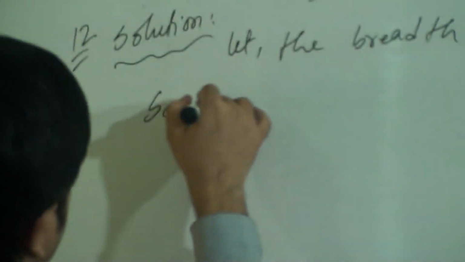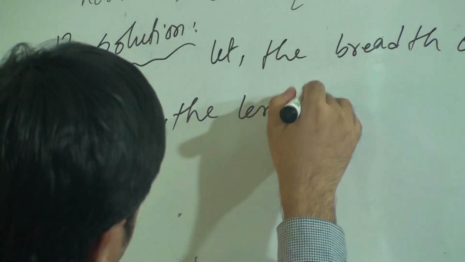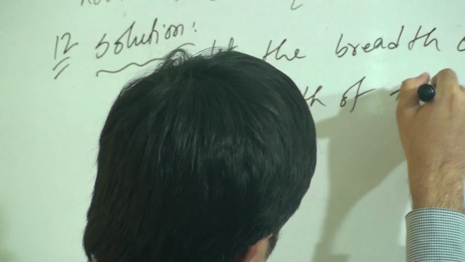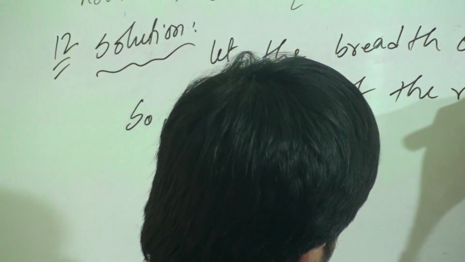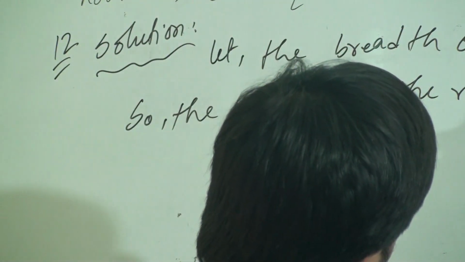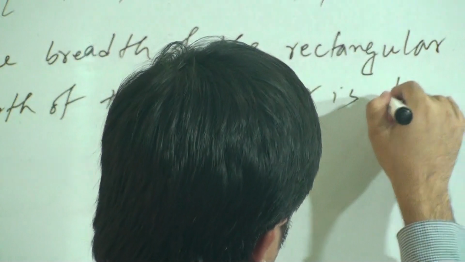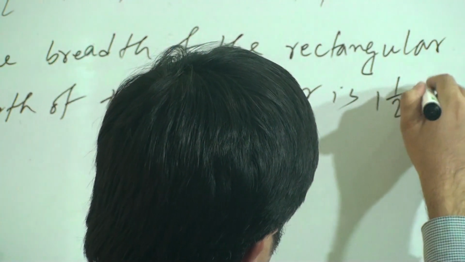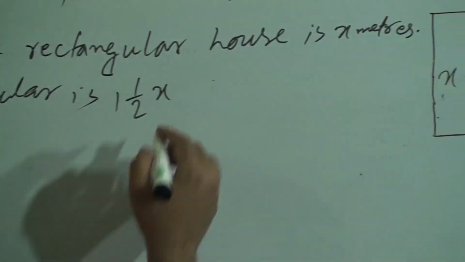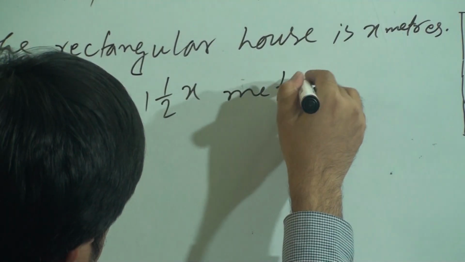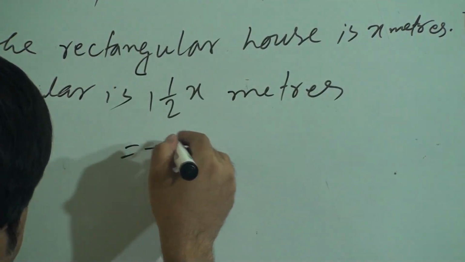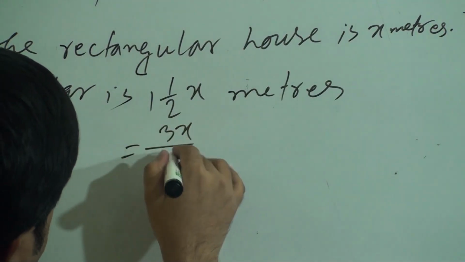So the length of the rectangular house is 1 1/2 into x meters. So we can calculate here, this will be 3x/2 meters.